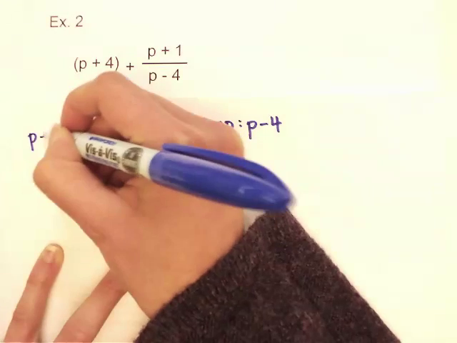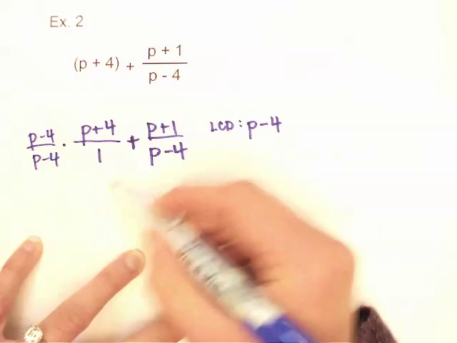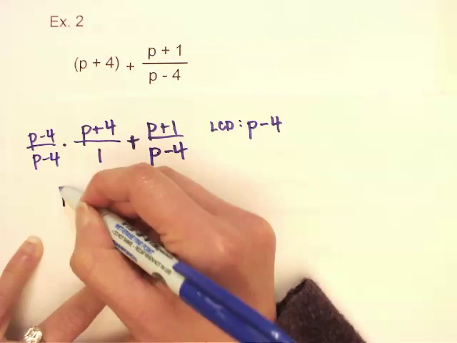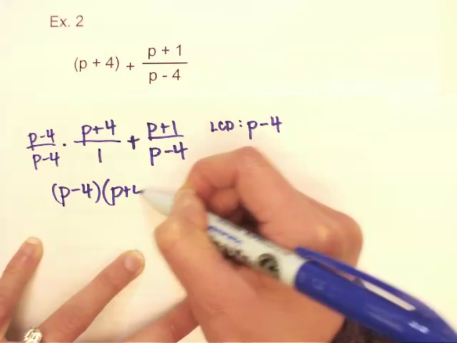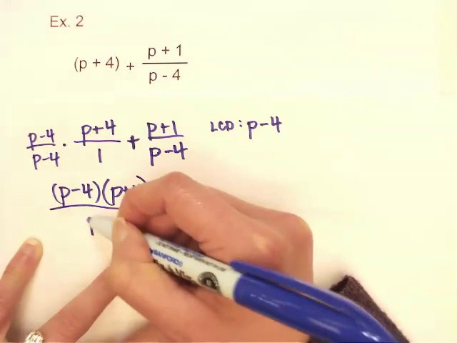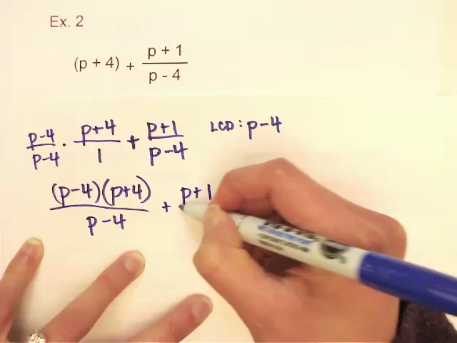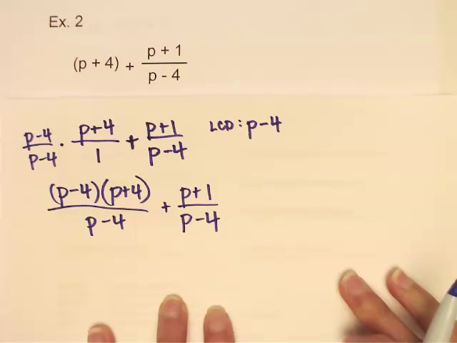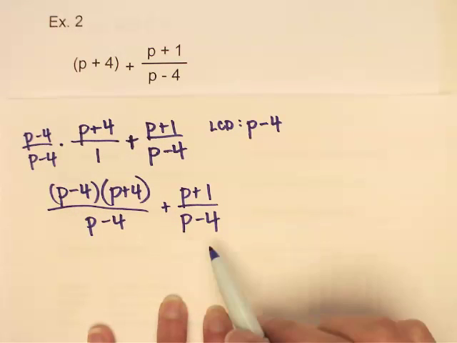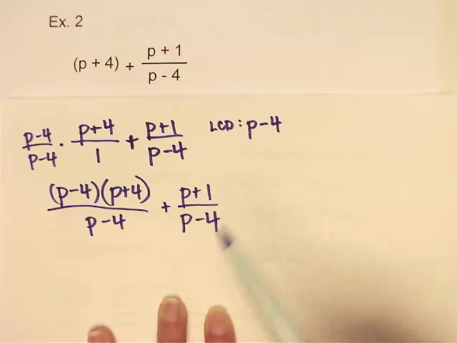Multiply both by p minus 4 over p minus 4. So that becomes p minus 4 times p plus 4 over p minus 4 plus p plus 1 over p minus 4. Okay, so now we have the same denominators, and we can go ahead and add those numerators together.